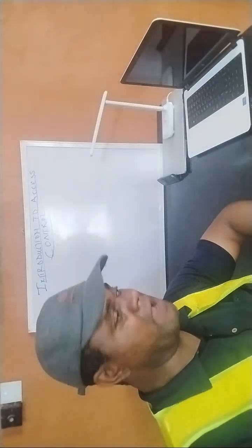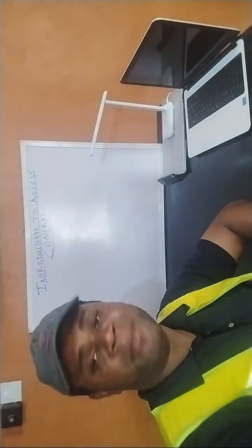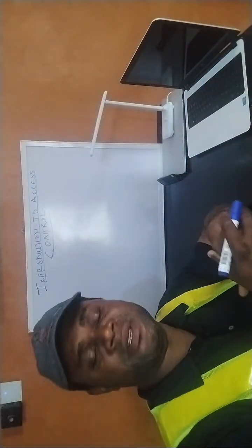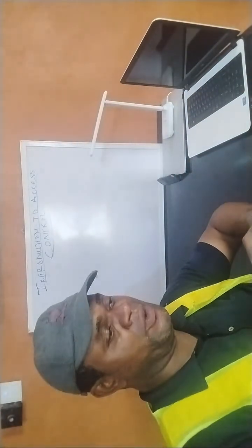Most times when you're having access control, sometimes you have your biometric reader, which helps to limit the number of persons that can have access to an enclosed place. You also use keypads, where you enter a particular password or passcode.